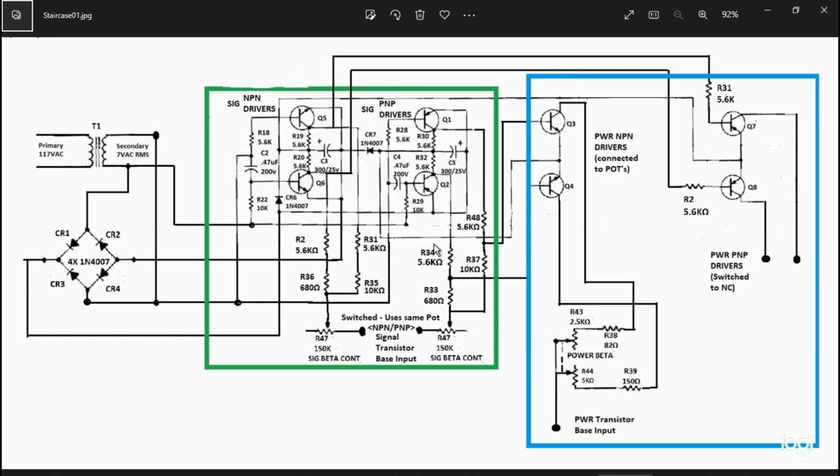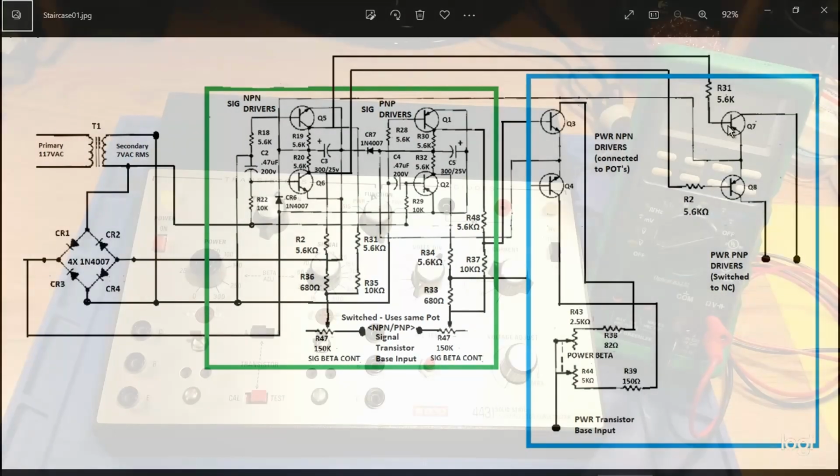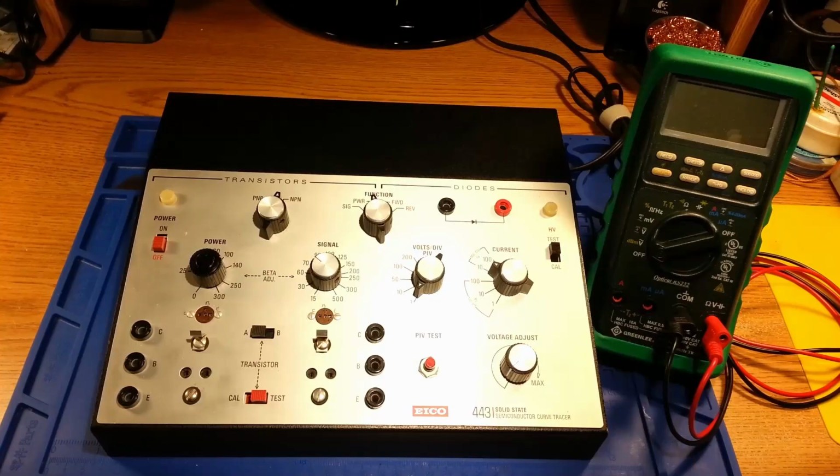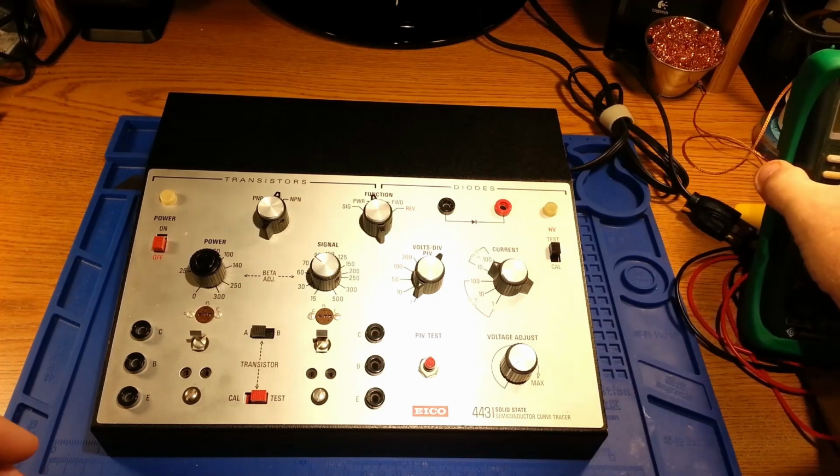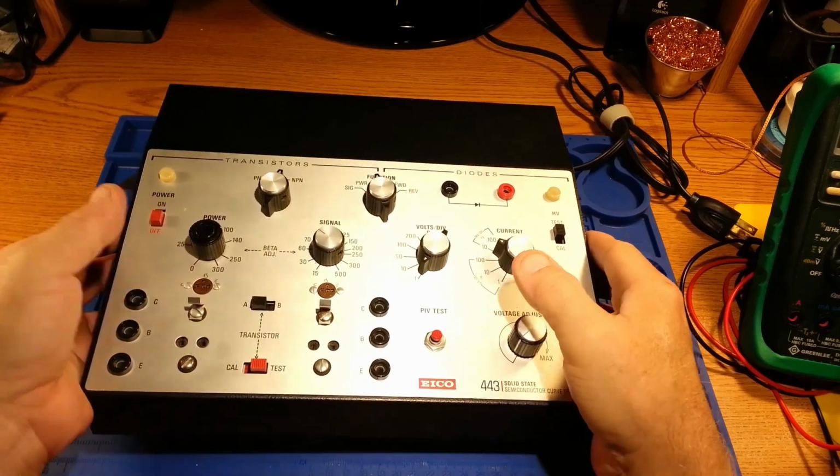So really, for the first level of signaling, if we're going to test our NPN transistors, the base of Q5 is going to just go through and be connected to R31, and then the collector of Q5 is going to go to the base of R7.